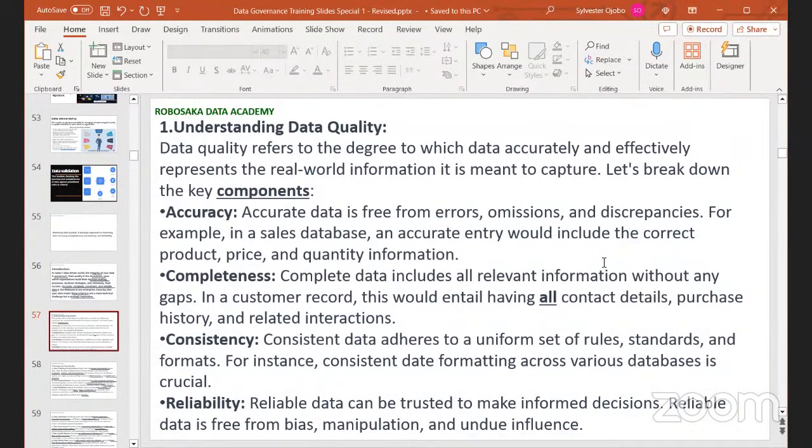A form of when data could be biased is when a locality has a lot of crime, and based on that, you apply for a credit card. Just because you come from that locality, you get declined because all they've seen is that the locality is known for fraud and crime. So everyone who lives in that area is assumed to be made from the same cloth.